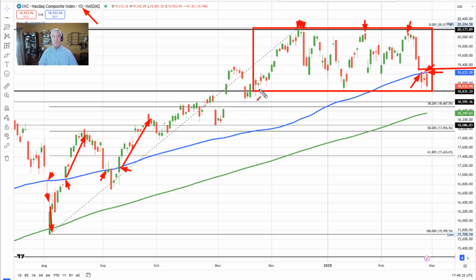We broke above this area right through here and found a move to the upside, and then we rotated back down, and we came down to this area once again and found support buyers, moved back to the upside. We ultimately moved back down to this area over the last few trading days. So we're testing this level not once but twice right through here, and that's going to be a key support level going forward.